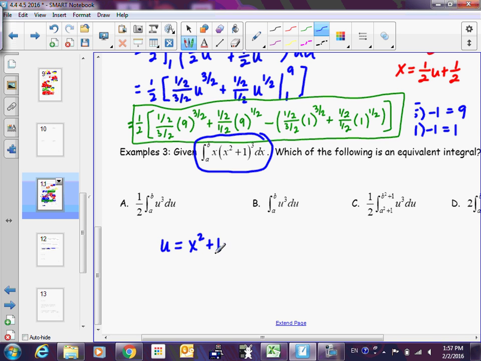Everybody should be really comfortable with this by today. We also should all be able to do the du statement. In this case, the derivative would be 2x, and then don't forget your dx. What do we do with the 2? As always, we divide it to the other side.